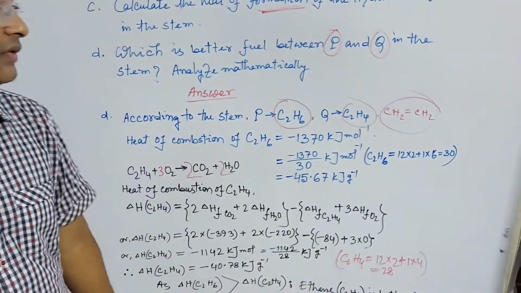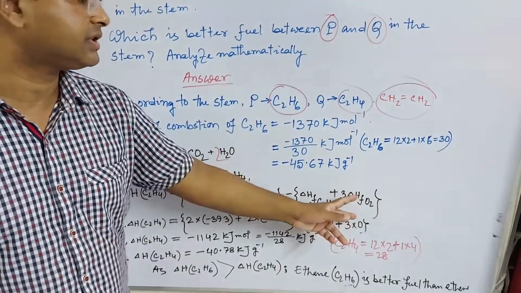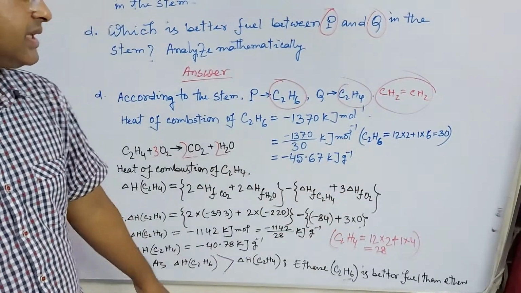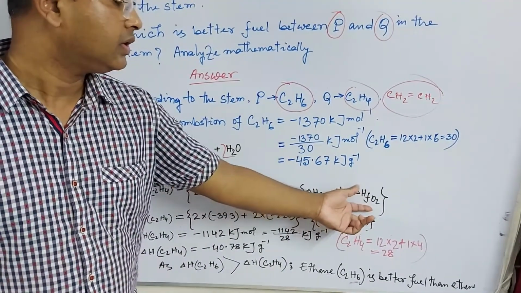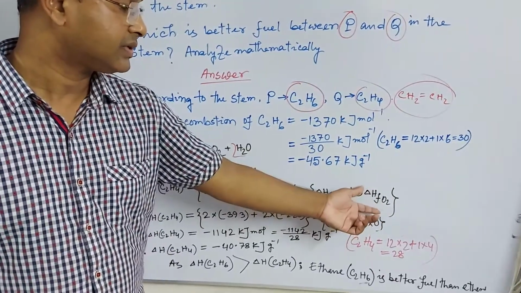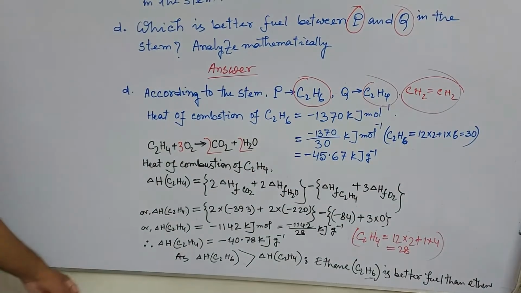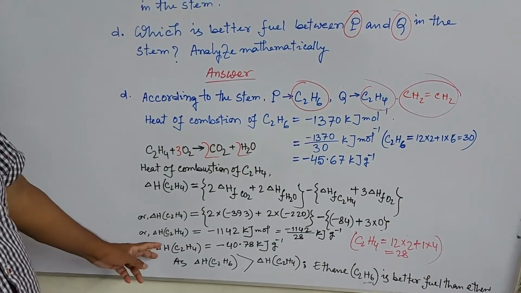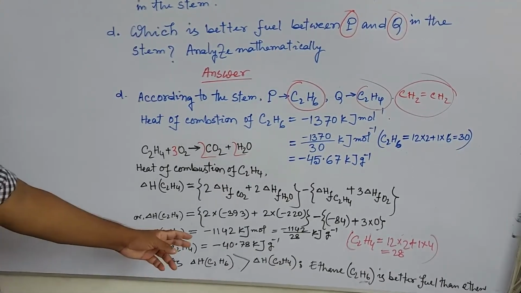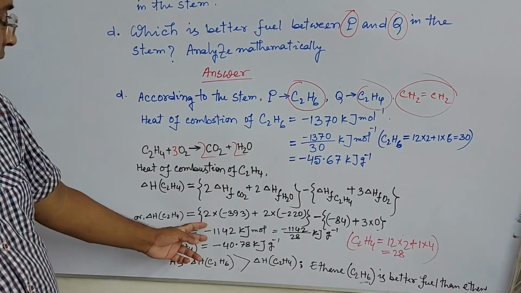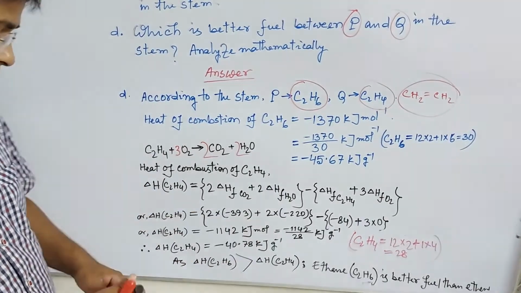All of you know that the heat of formation of oxygen is 0 because it does not take part in the combustion reaction. Even it is found naturally, it need not be produced. That's why the heat of formation of oxygen is 0. And so the heat of combustion of ethene is minus 1142 kilojoule per mole.